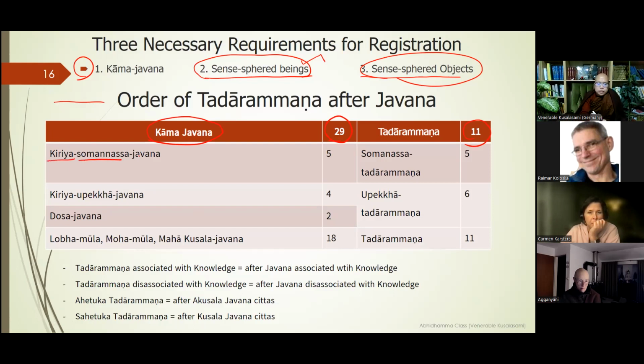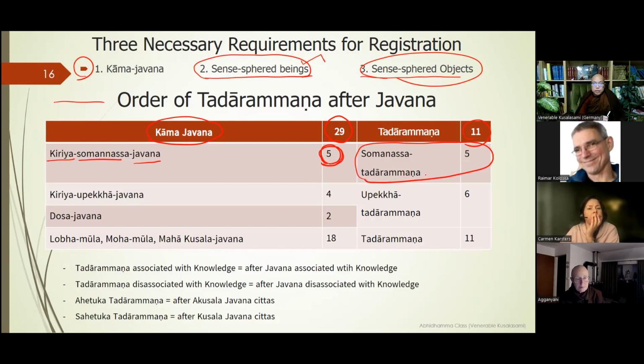So Kiriya Somanasa Javana is 5. What are they? Hasituppada, the rootless functional consciousness, the smile-producing consciousness, 1, and Mahakiriya, great functional, 4 accompanied by joy out of 8. So altogether here 5. If one of these 5 consciousness arises as Javana, after that Javana the possibility of Tadaramana must be one of these 5.